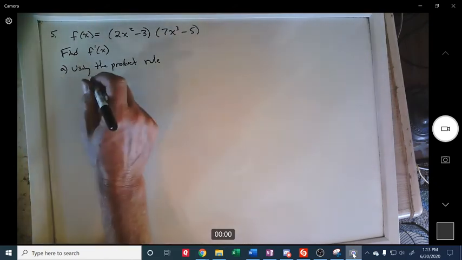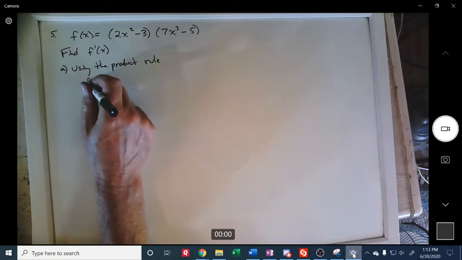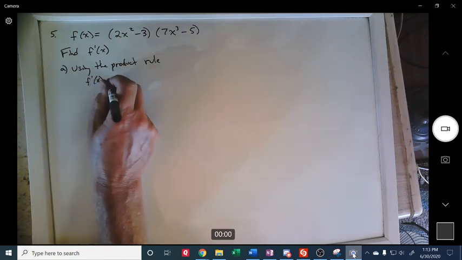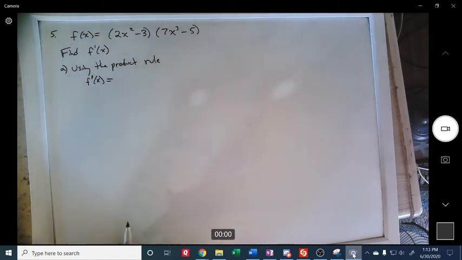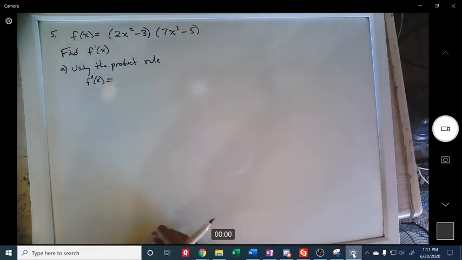Now, since we're going to be using the product rule, f prime of x. Let me write down the product rule, and if this was my homework, I'd be writing this out from memory every time I used it.